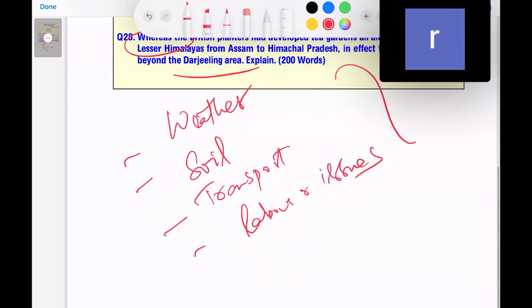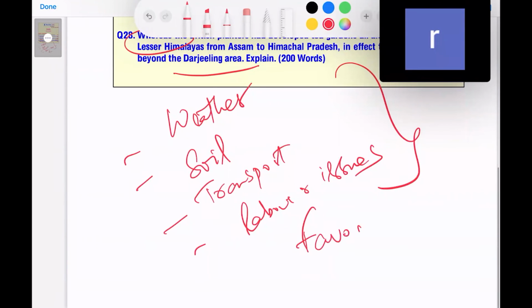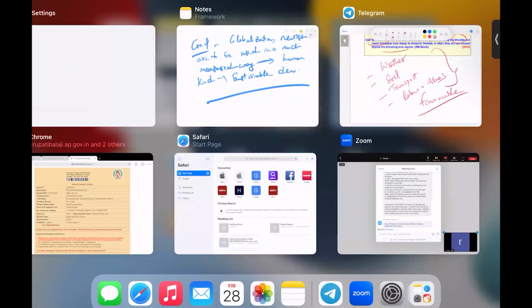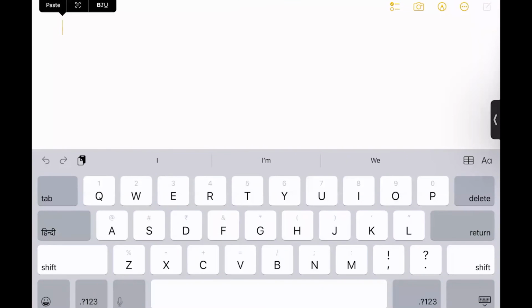Okay. So obviously, the moment you mention these four, before that, you can mention, as Rajni pointed out, the favorable conditions for tea. So very straightforward question, easy question. Such questions you have to write again. You have to concentrate more on the presentation.